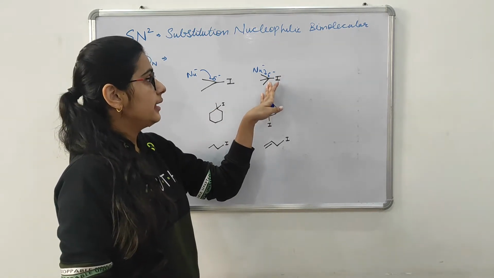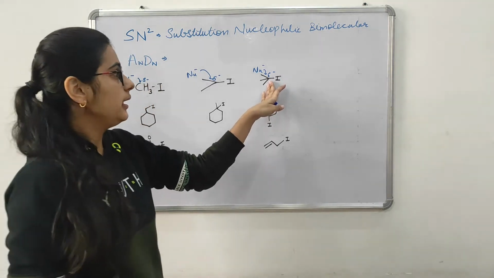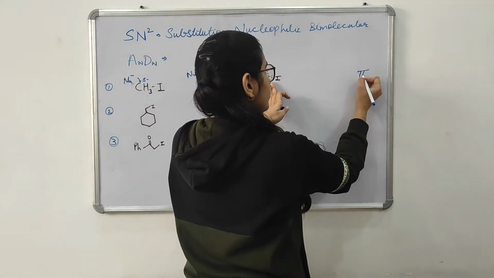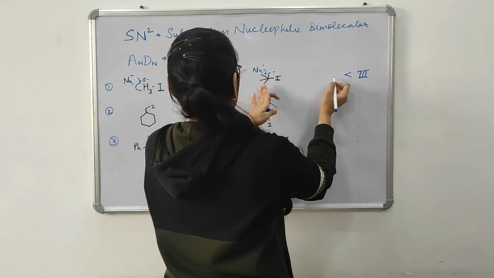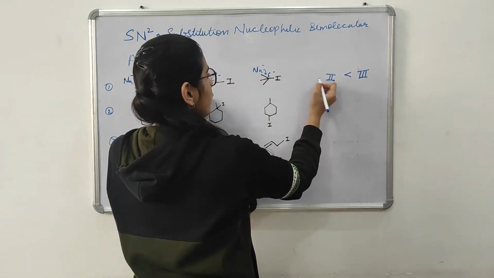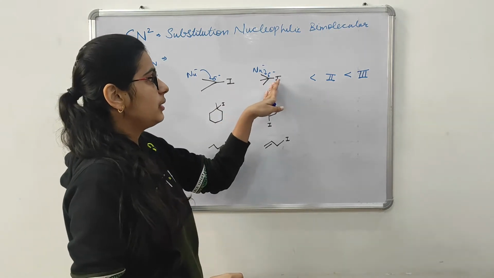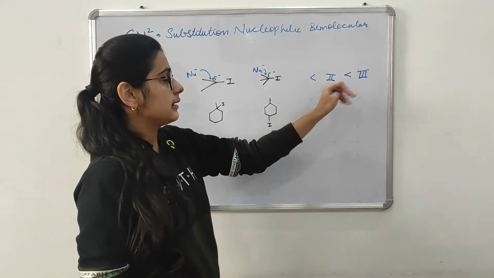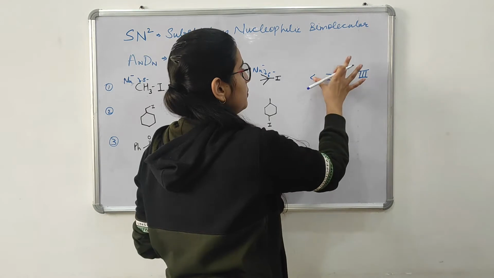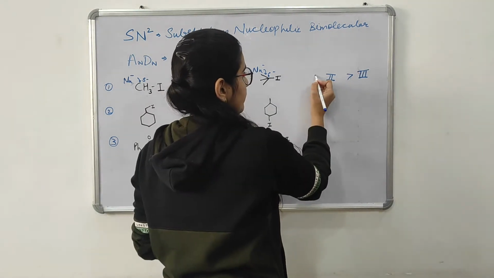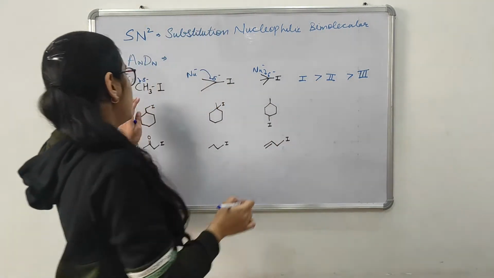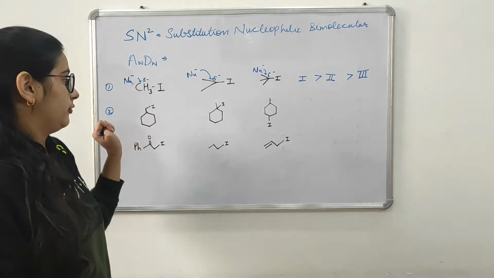That is why its rate of reaction will be less. Then we have this second compound where 2 methyl groups are there, here 3 methyl groups are there, so this will be more unstable and its rate of reaction will be less. And then first will be very reactive.